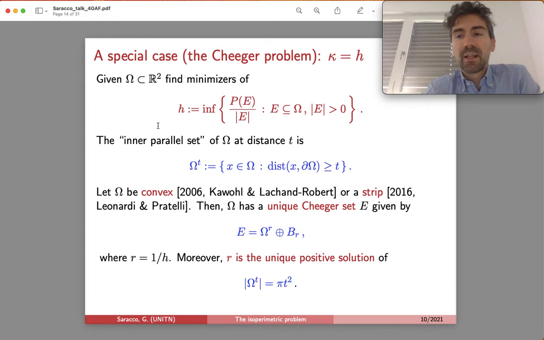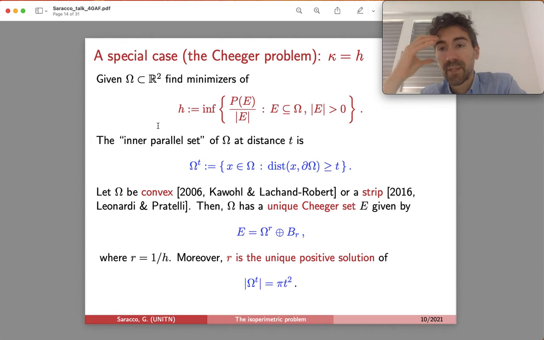Now, the good thing is that the Cheeger problem has been studied a lot in the last 20 years, and we have some nice structural theorems. We know that if the box omega is convex, or it is a strip, and by a strip you should more or less imagine a rectangle which you're allowed to bend a bit by keeping the width constant, more or less.